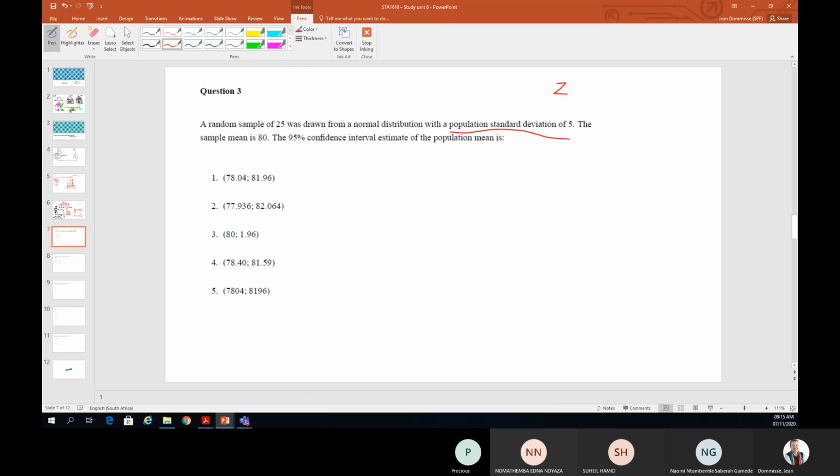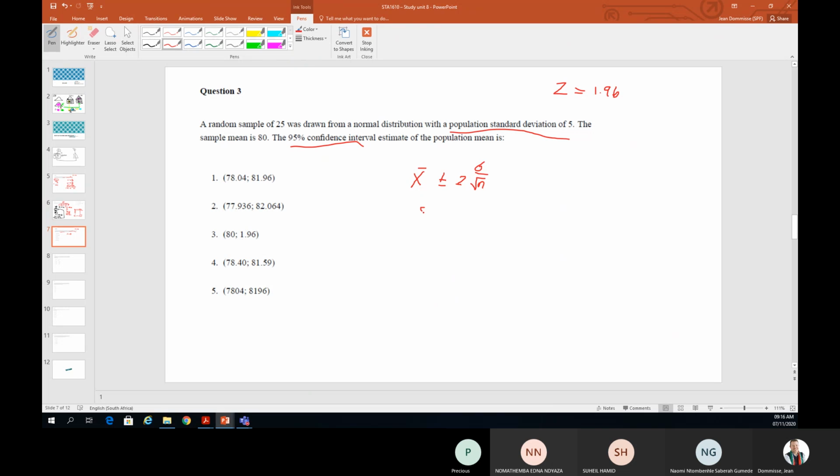So we go to the Z. The sample mean is 80, and for a 95 confidence interval, we know that Z is going to be 1.96. When we write up the formula, we can start eliminating again before we even get to working it out.